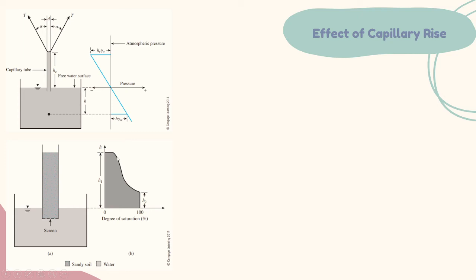And if you will plot the degree of saturation, up to H2 it will be approximately equal to 100%, and it will decrease until point H sub 1. So according to Hazen, the height of capillary rise, referring to this figure, we have the H sub 1. So from Hazen.